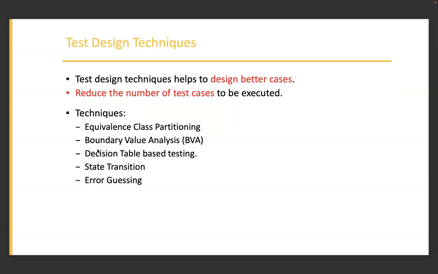We have a few approaches, guys, with respect to test case designing. What are those? We have equivalence class partitioning, boundary value analysis, decision table based testing, state transition, and error guessing. These are the major design techniques which we use to generate our test cases.